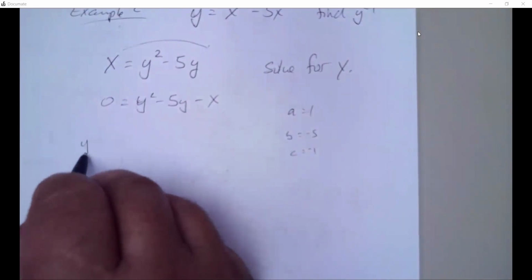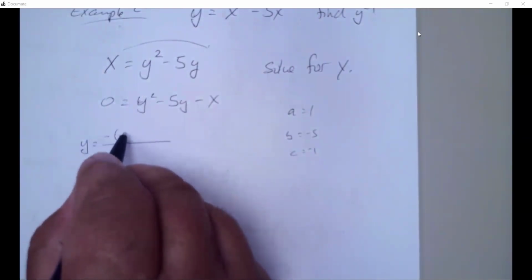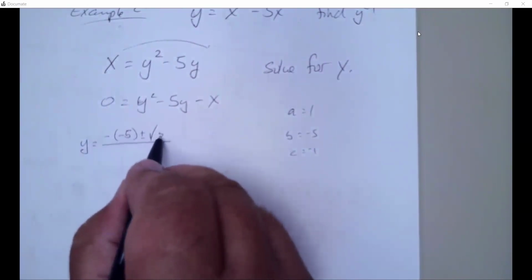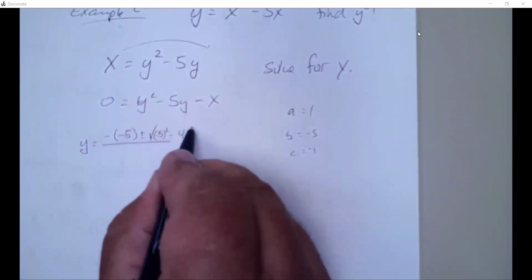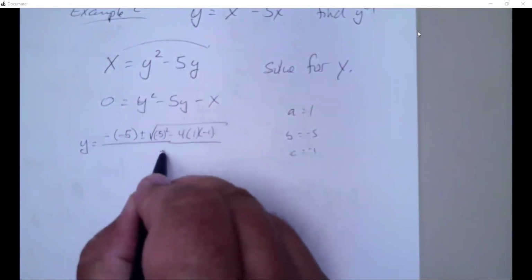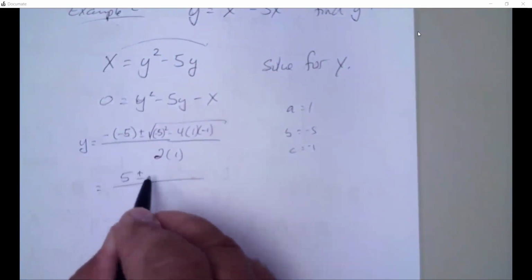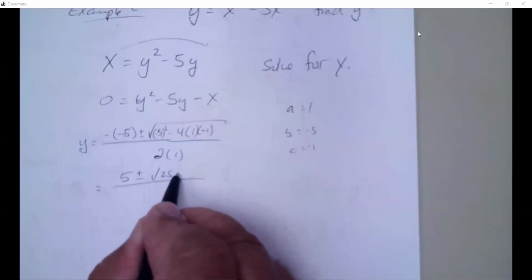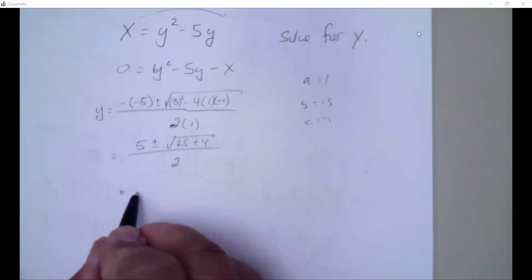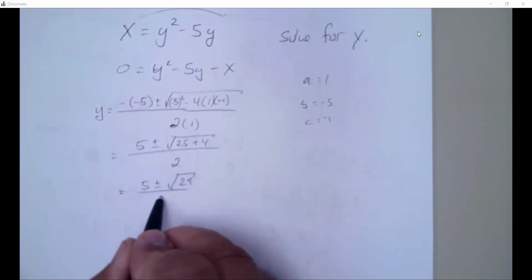So we're solving for Y. So negative of -5 plus or minus the square root of -5 squared minus 4 times 1 times -X, over 2 times 1. 5 plus or minus the square root of 25 plus 4X over 2.